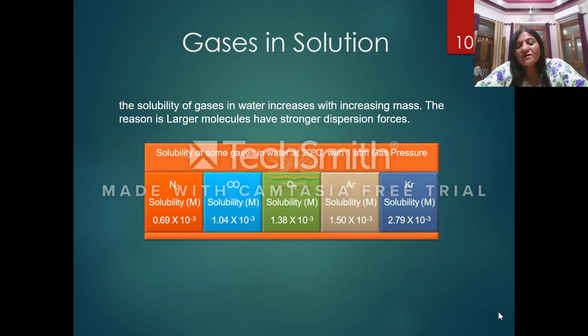Argon solubility is 1.50 into 10 raised to power minus 3. And krypton solubility is 2.79 into 10 raised to power minus 3. This table proves that larger molecules have stronger dispersion forces. Solubility of gases in water increases with increasing mass. Here, as the mass increases, the solubility increases.